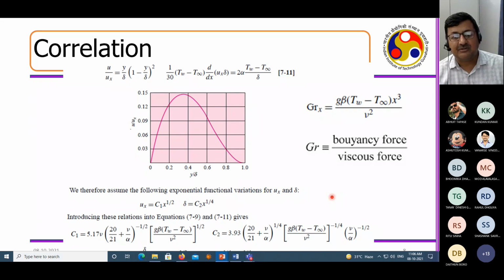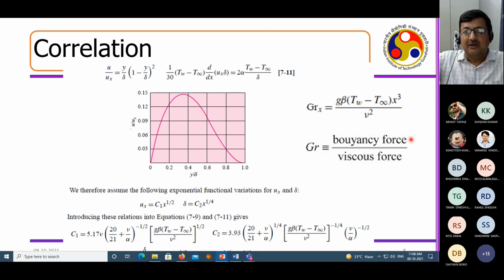If you know the heat transfer coefficient, you will be able to know the rate of heat transfer due to natural convection. While doing that, we defined the Grashof number, which is the ratio of the buoyancy force to the viscous force. This is very similar to the Reynolds number, because instead of inertia, buoyancy is the driving force here. In the Reynolds number, the pressure drop created the inertia.